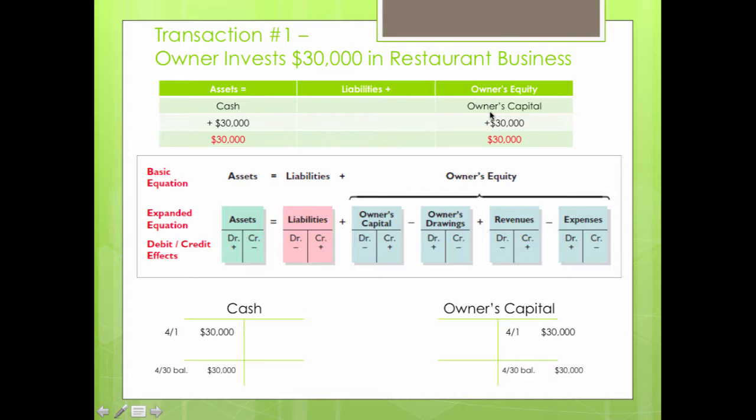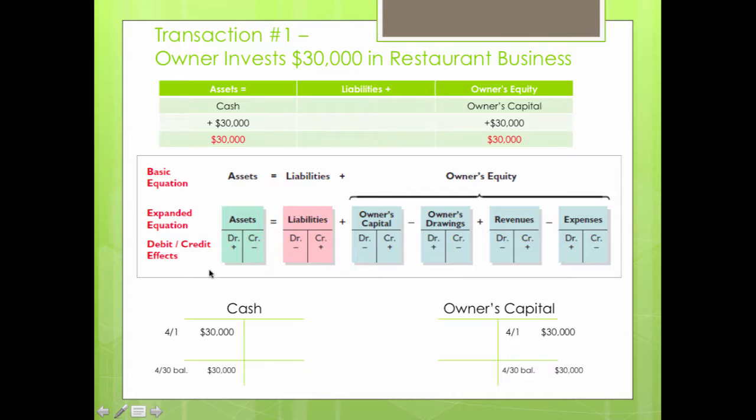We recorded this in tabular form, which is right up here, and also in T accounts, which is at the bottom. And we did that by determining if it was a debit or a credit. What we determined last week is that investing $30,000 in cash to open up a restaurant business was going to increase the cash account.